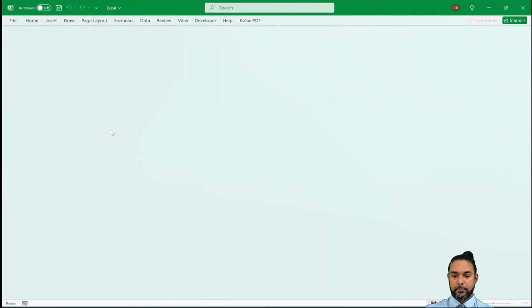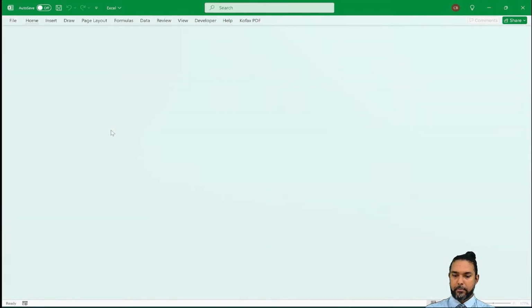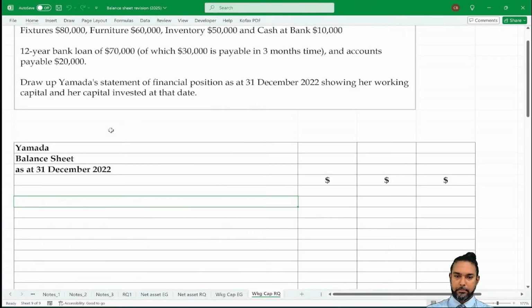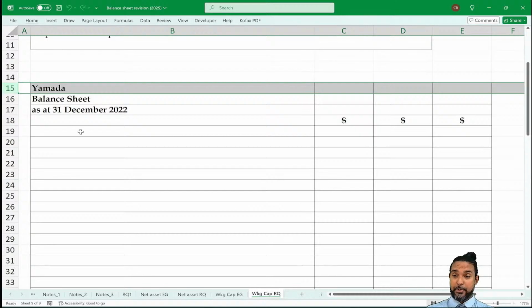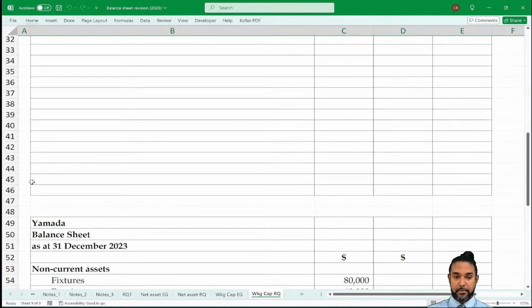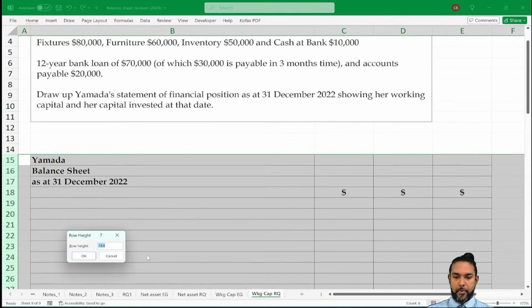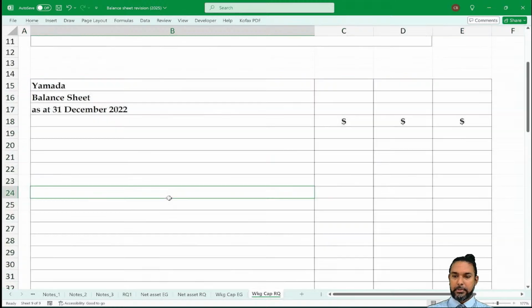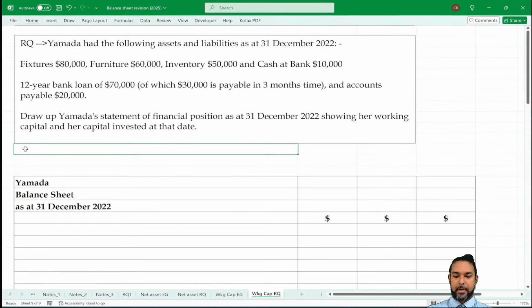Hold on. Wow, a rank amateur using one spreadsheet. Let me say 60, how about that? Okay, cool. All right, so we can do that. Let's put this split back.